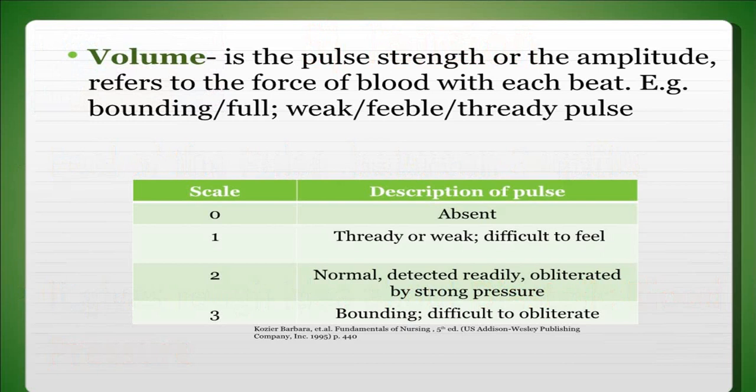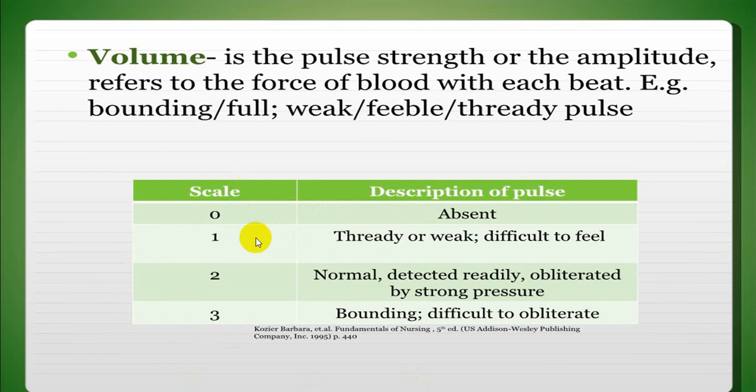Now, depending upon the volume, you can put them into different groups. They use words like full volume pulse or bounding pulse, feeble pulse or weak pulse, or thready pulse. There is one method by which they put volume into a different scale. If it is totally absent, it is called 0.